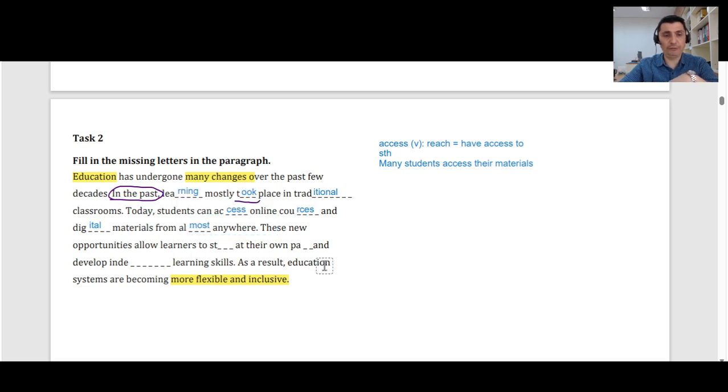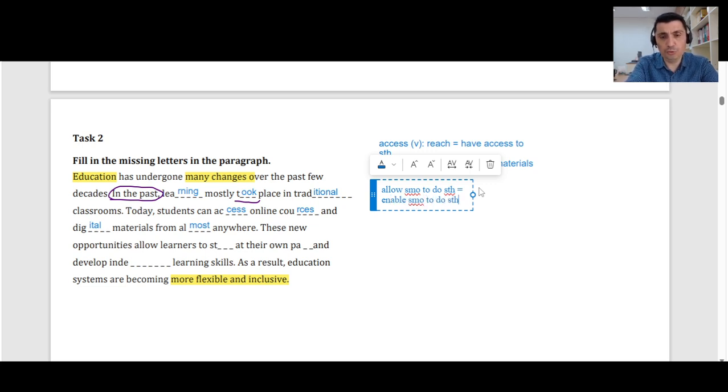Almost anywhere, all right? These new opportunities, these new chances allow learners to, now people here we have a fixed expression, all right, allow someone to do something. So with allow someone you always use to do, to verb one, and it means actually enable someone to do something.